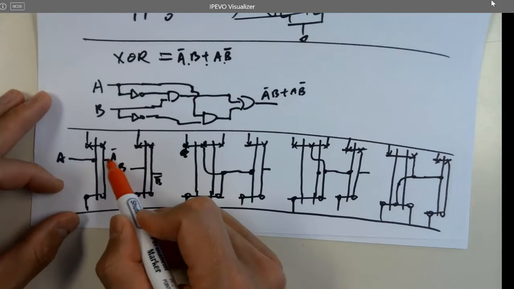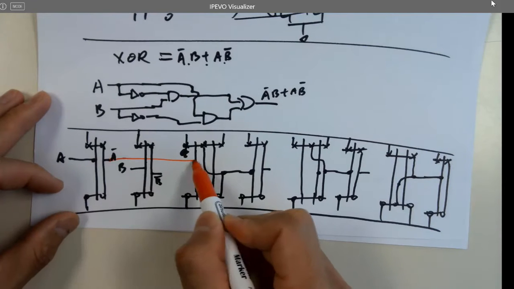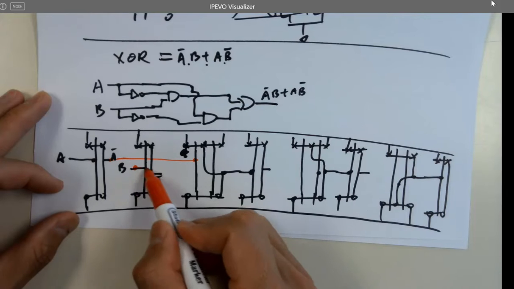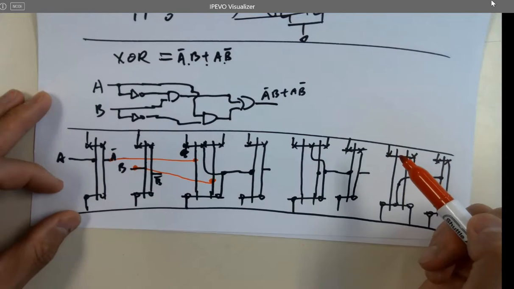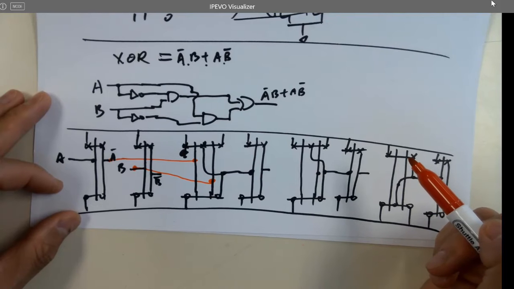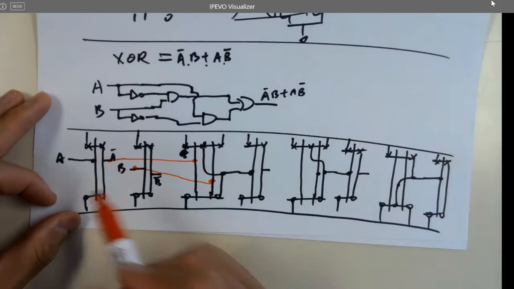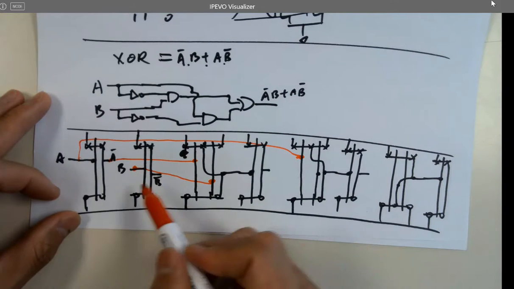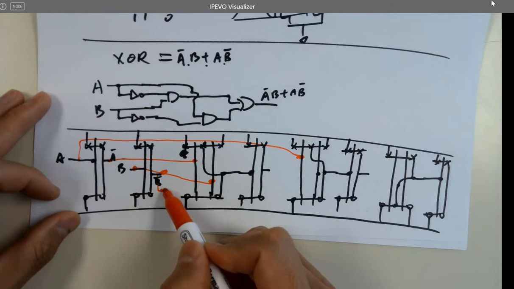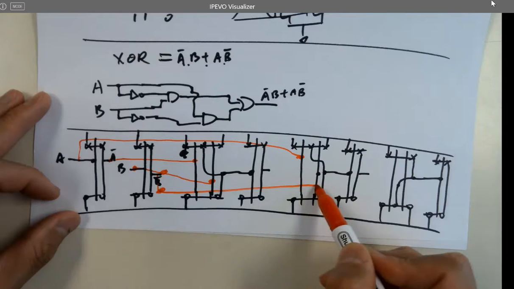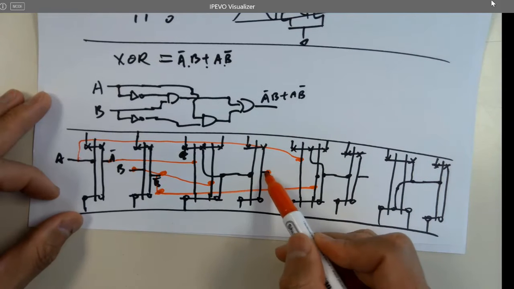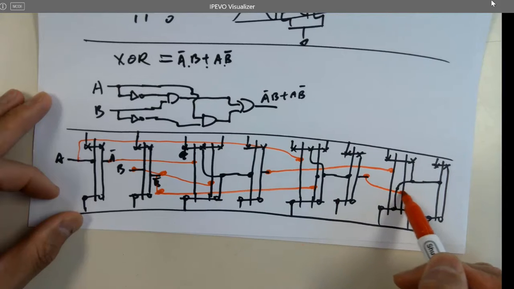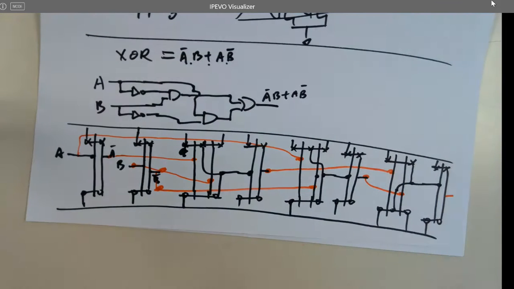A naught and B, and then A and B naught. And these two are ORed. So that's the XOR logic.